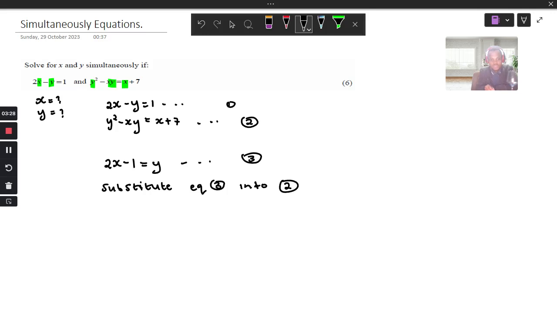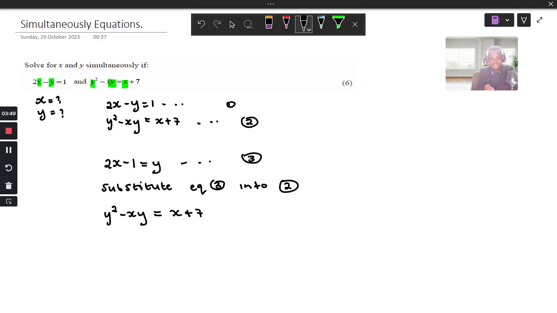Okay, so how do you do this? Whenever you see y, you replace y with 2x minus 1. This is what is written on equation number 2: y squared minus xy is equal to x plus 7.